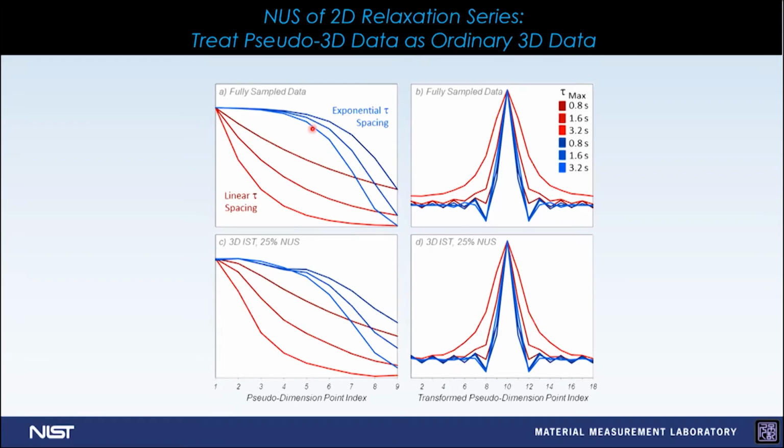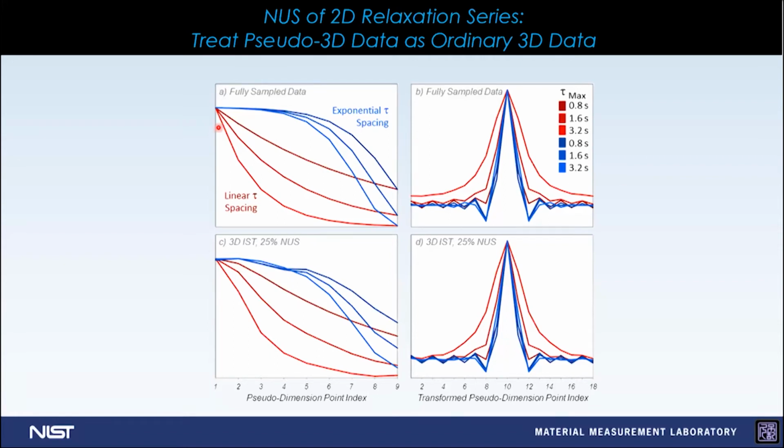So what does this mean? Well, in our method, we are taking this pseudo third dimension data that looks like this and treating it as ordinary time domain data that we can Fourier transform. And when we transform evolutions that look like this on the left side, we get line shapes that look like this on the right-hand side. And what you can see is exactly what you would expect.